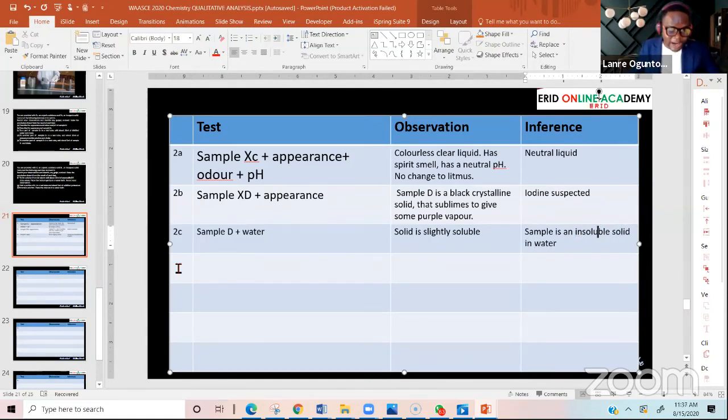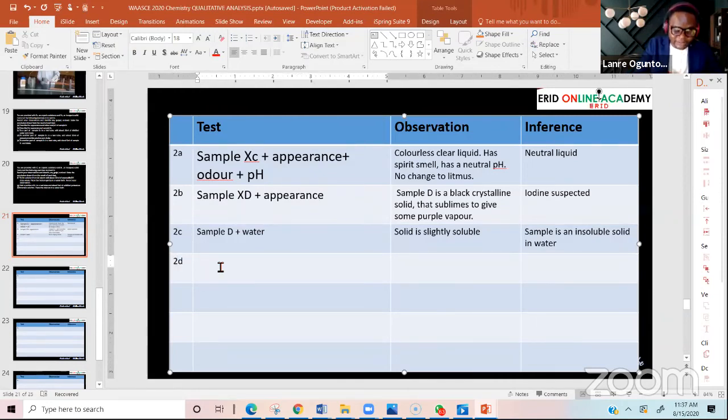Now 2D, they could ask you to add about 5 ml of sample C to the mixture in 2C.